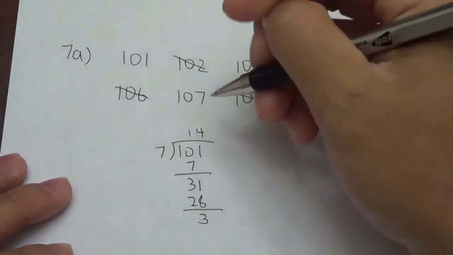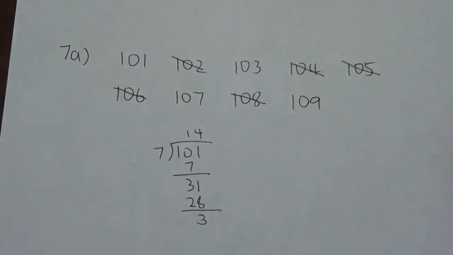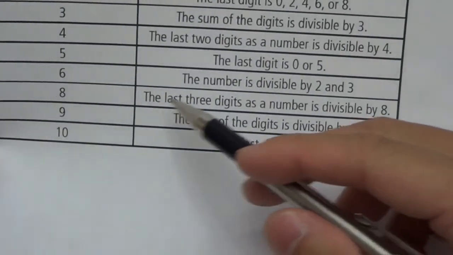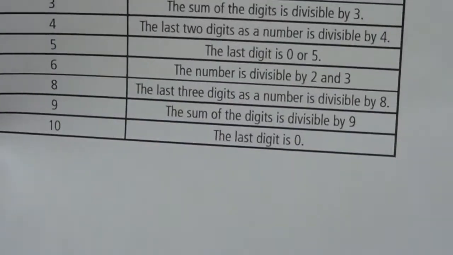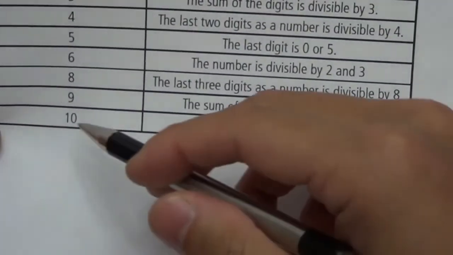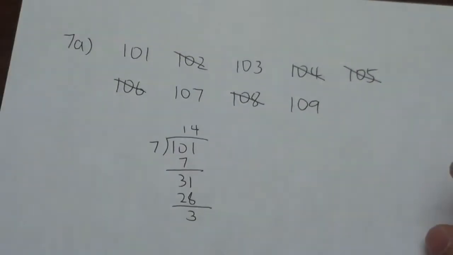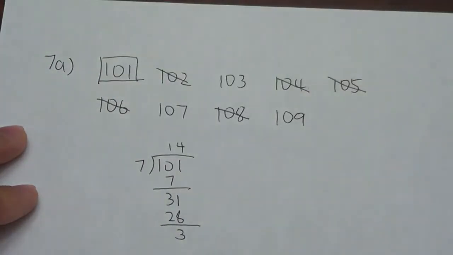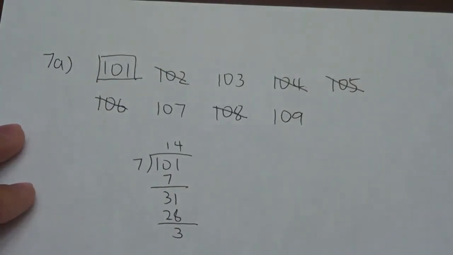There's a remainder, which means that we can't divide that by 7. 8 doesn't qualify. 9, 1 plus 1 is 2, doesn't work. And then 10 also does not work. So we can confidently say that 101 is a prime number.